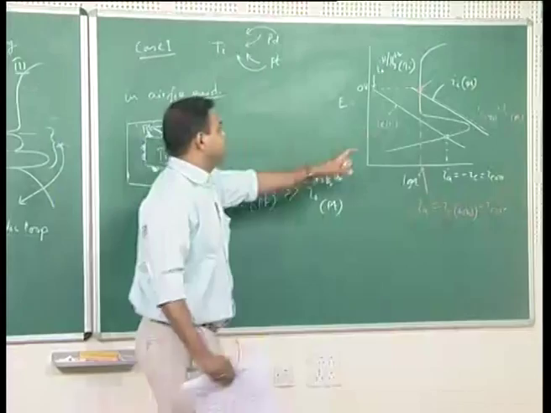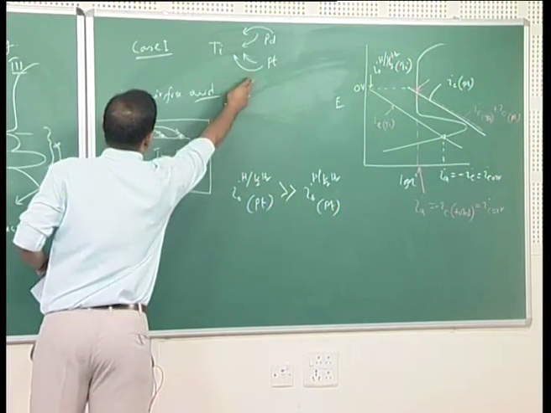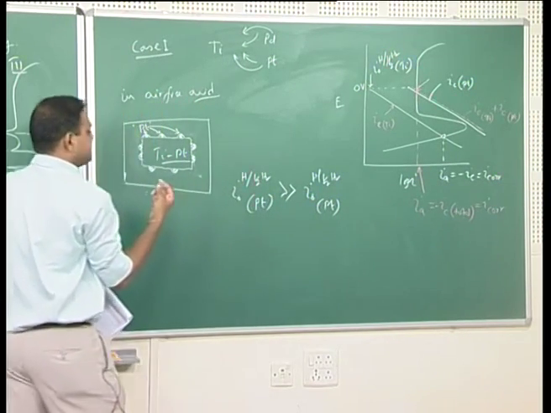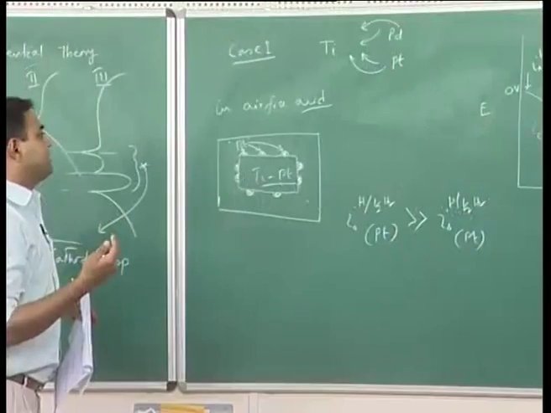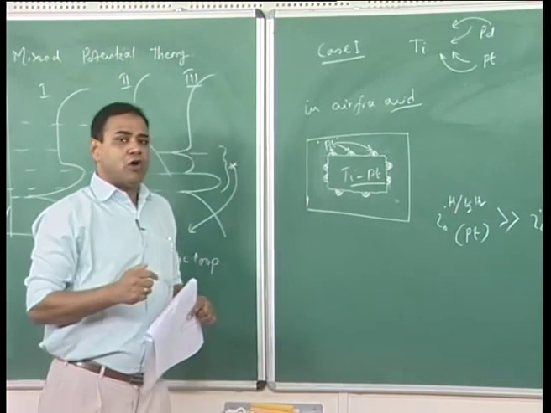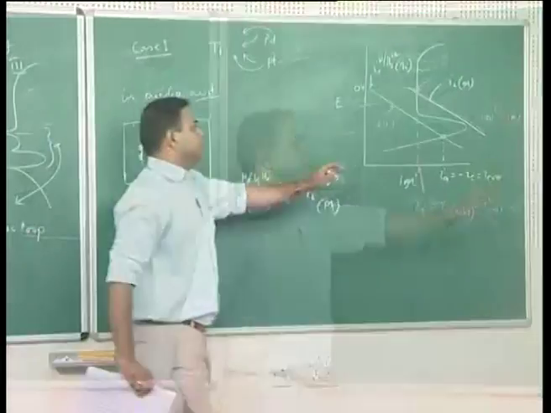So, this is that point. If you add platinum or palladium, the effect will also be the same, because the hydrogen exchange current density on palladium is also very large compared to that on titanium. So, you are attaining stable passivity.